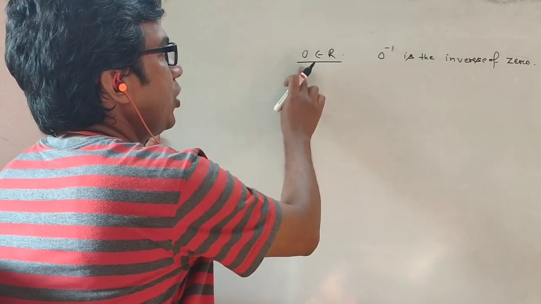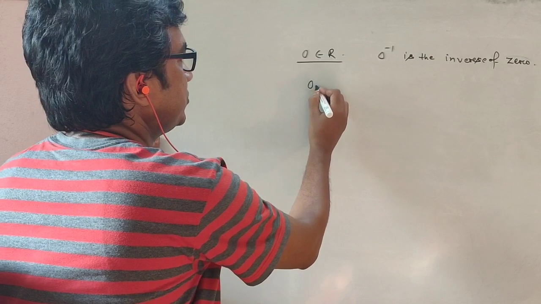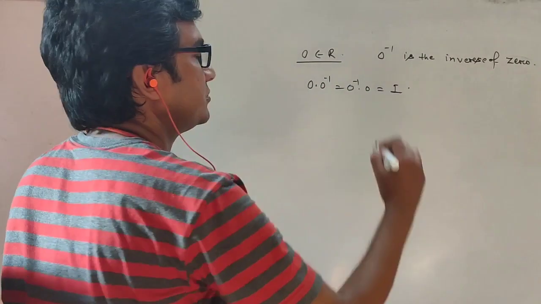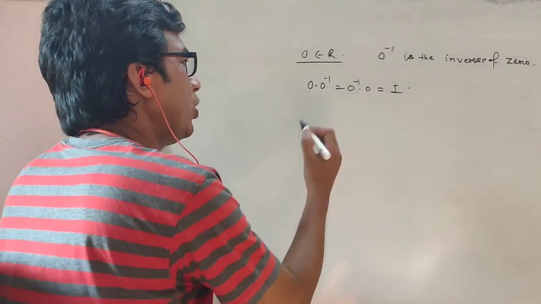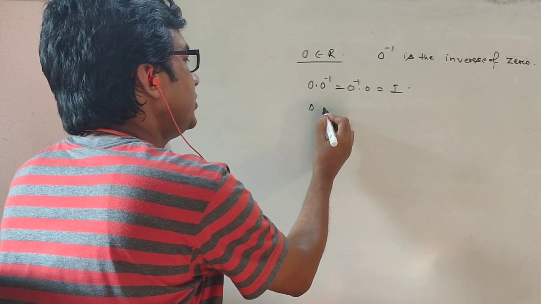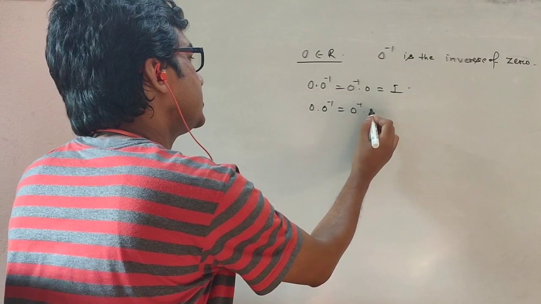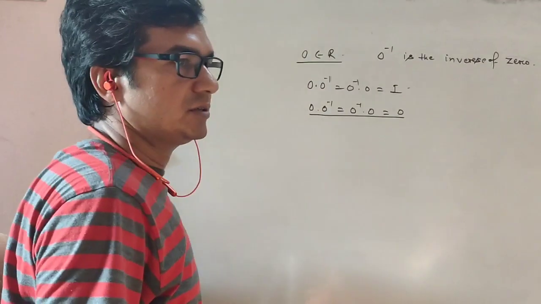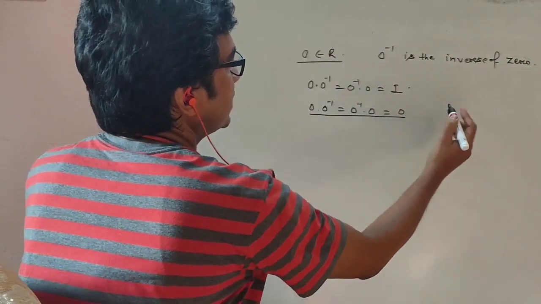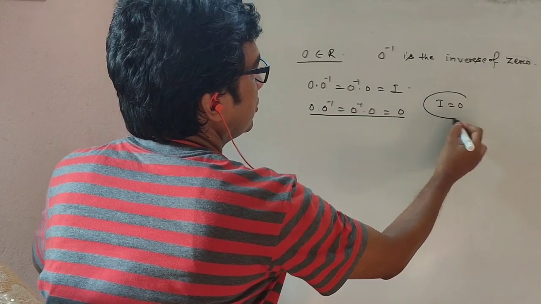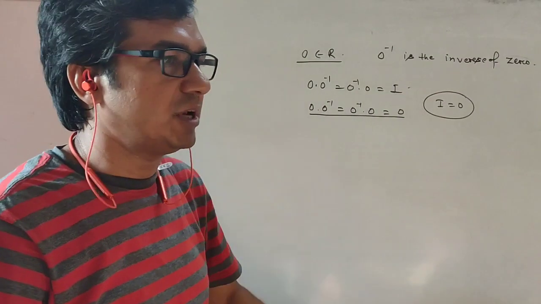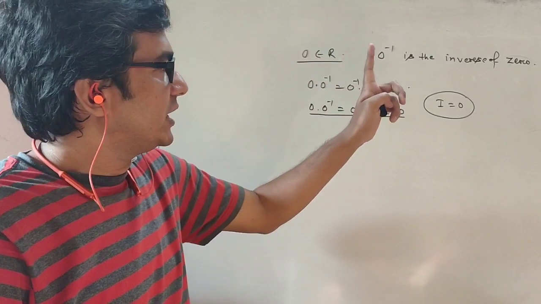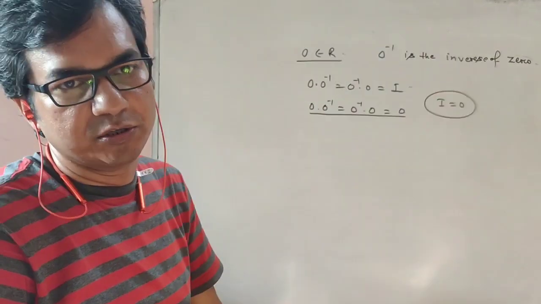By the property of inverse element, we get 0 dot 0 inverse equal to 0 inverse dot 0 equal to I. Also we get 0 into 0 inverse equal to 0 inverse into 0 equal to 0, because this is the property of the 0 element. So from these two relations we can write I equal to 0, but this is not possible since a ring with unity must be non-trivial.